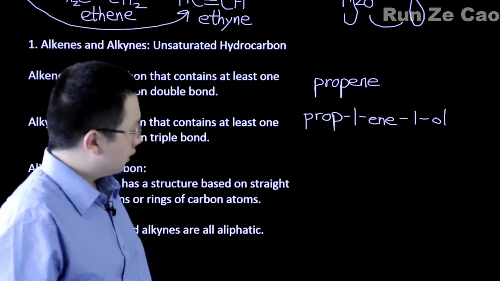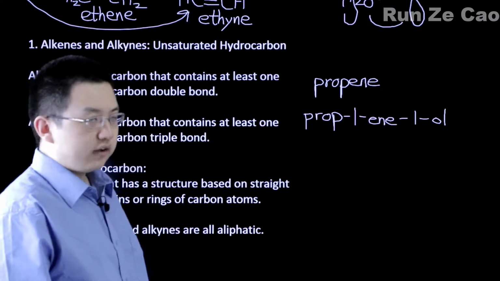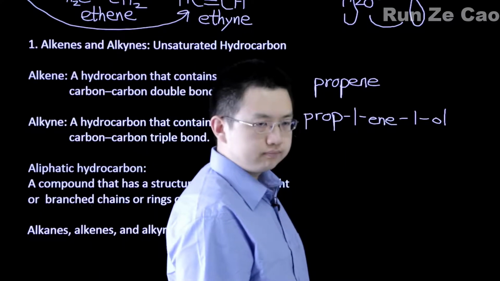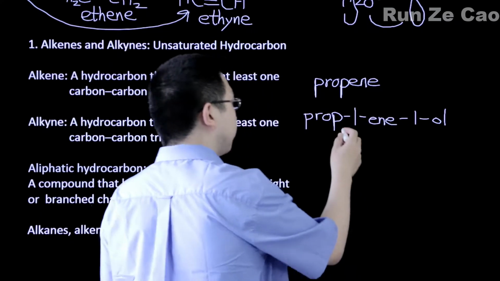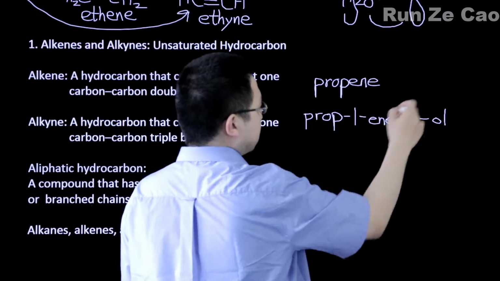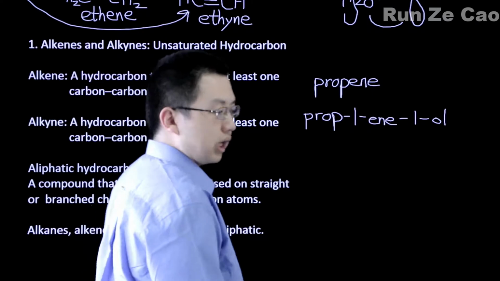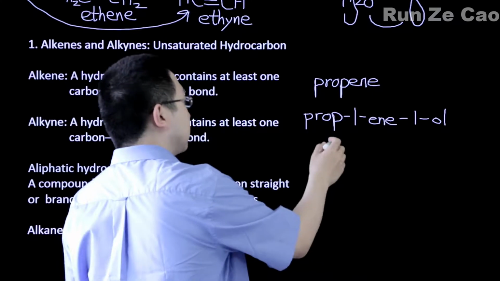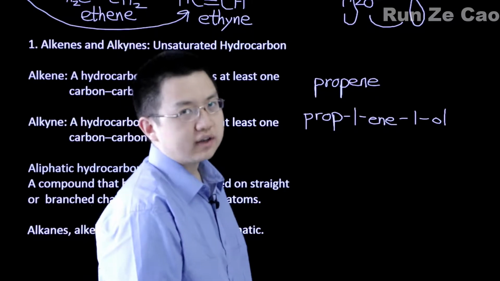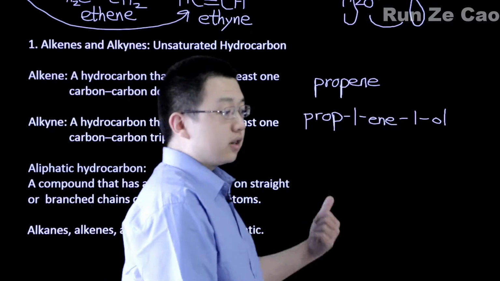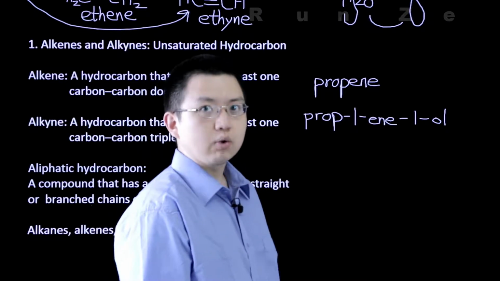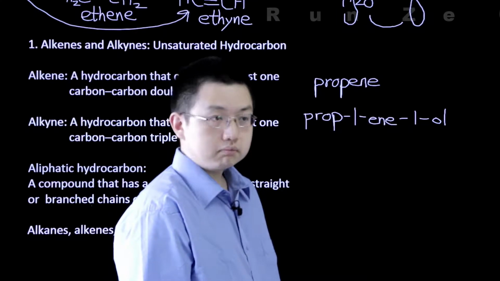Now, the old method would have been 1-propene, 1-ol. But I suppose this new method is better at distinguishing which one is actually 1 and which one is not. Why is it that here I had to write prop-1-ene-1-ol? Because alcohols actually have a higher priority than alkenes in terms of naming, which means that they would be numbered lower.